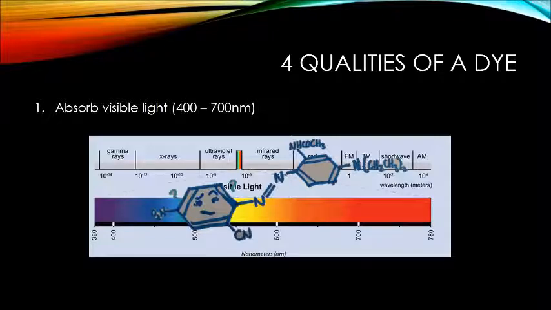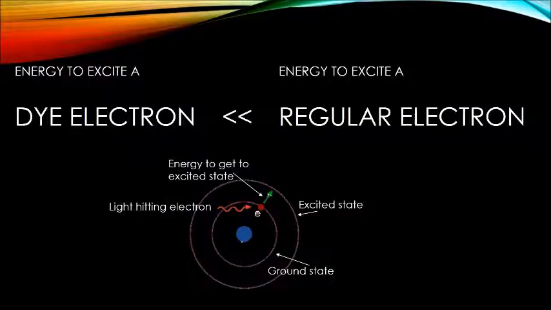Well, that's a good question. Unlike other organic compounds, which transmit or reflect all visible light, the electrons in dyes, like you, have a lower energy excited state than those not in dyes, which results in your ability to absorb lower energy light, i.e. visible light, and appear different colors.